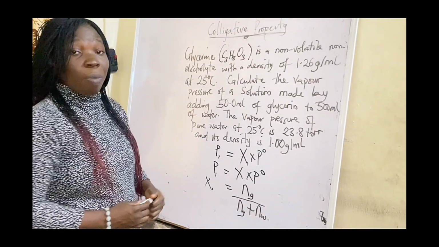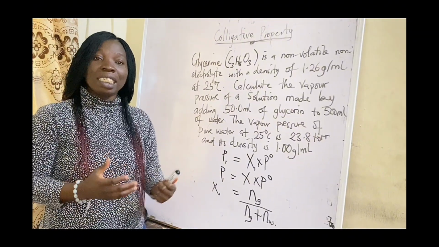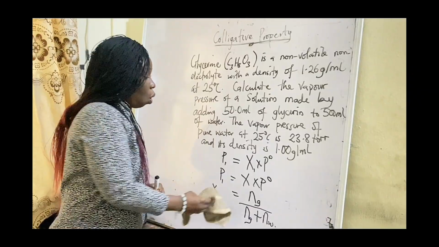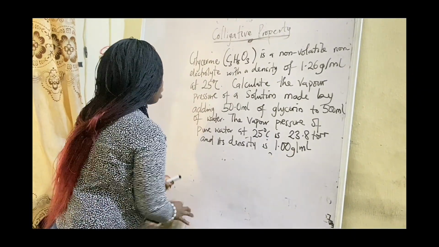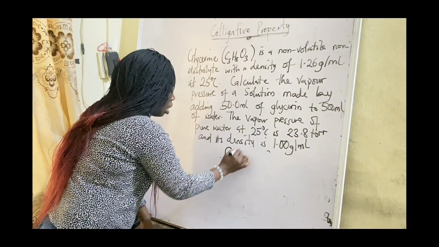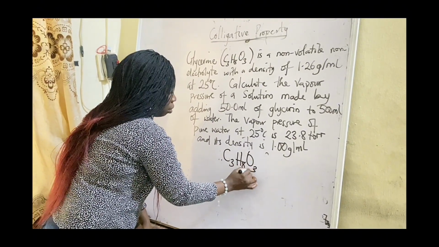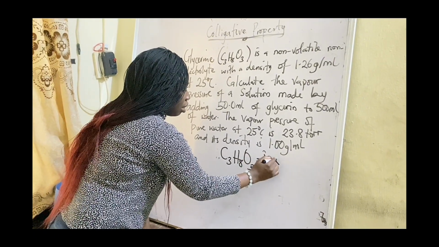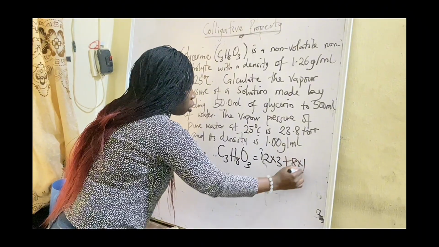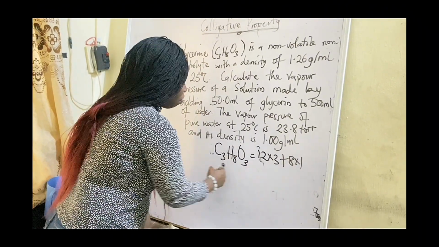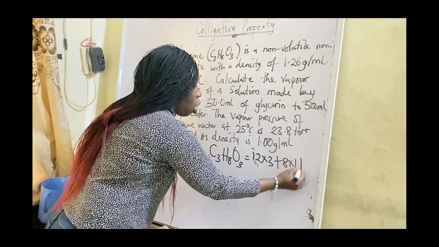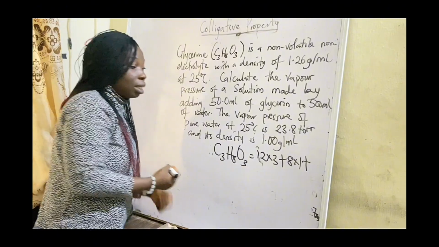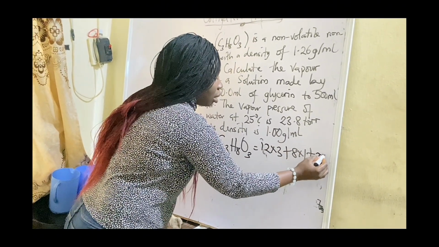And how do you know the number of moles? We calculate the number of moles from mass in gram over the molar mass. Therefore, we need to calculate the molar mass of glycerin. Glycerin has the formula C3H8O3. So carbon is 12, so we say 12 times 3, plus 8 times 1, because the molar mass of hydrogen is 1 and we have 8 atoms of hydrogen, plus we have 3 atoms of oxygen, and we know that the molar mass of oxygen is 16, so it becomes 3 times 16.